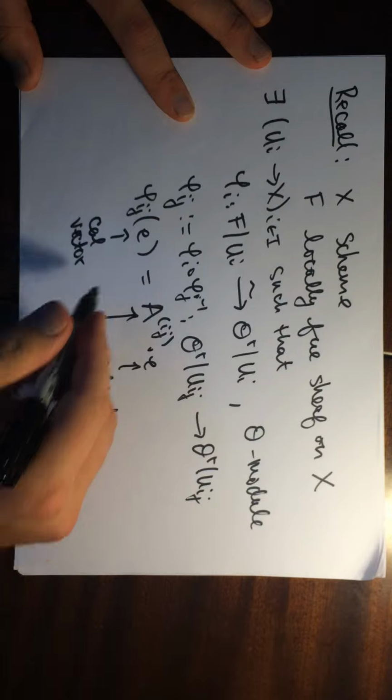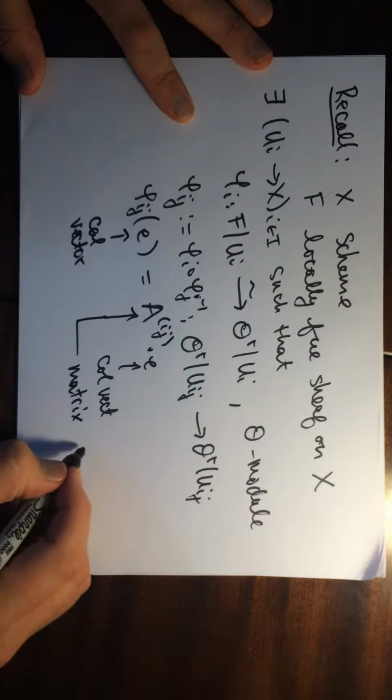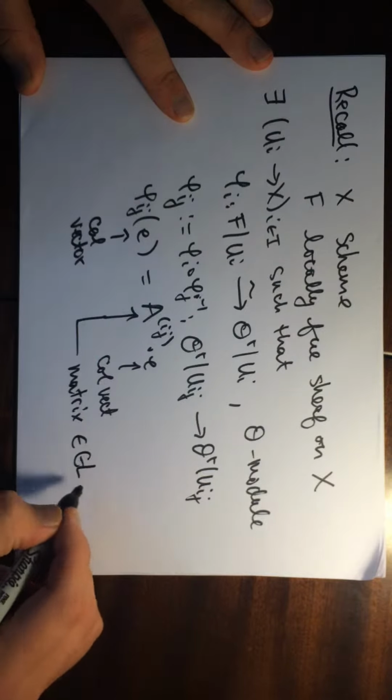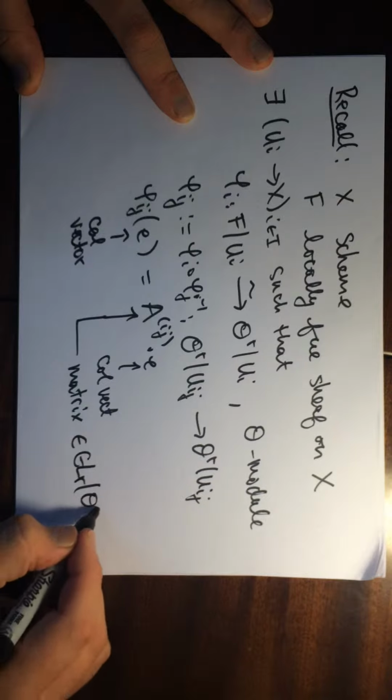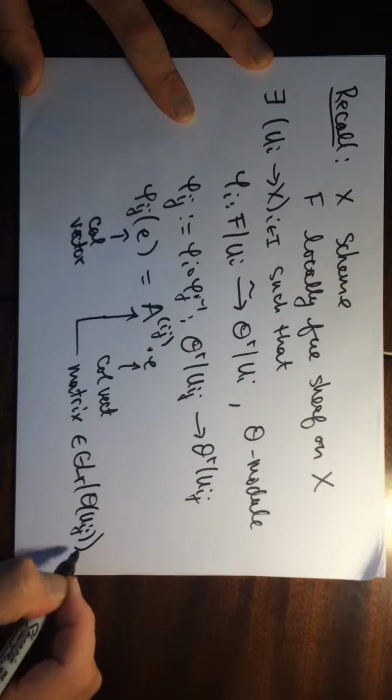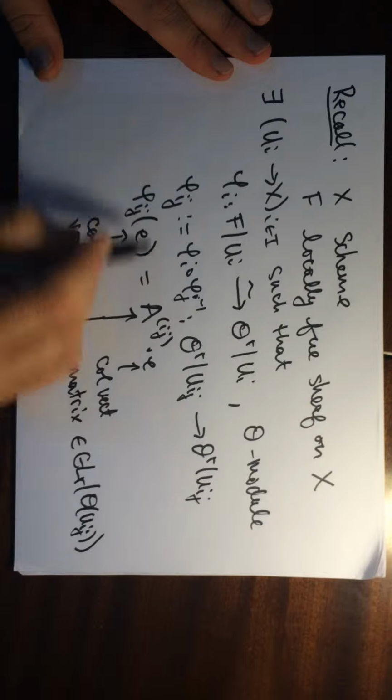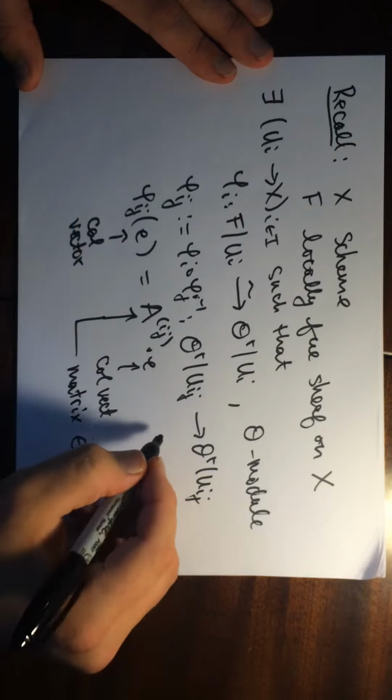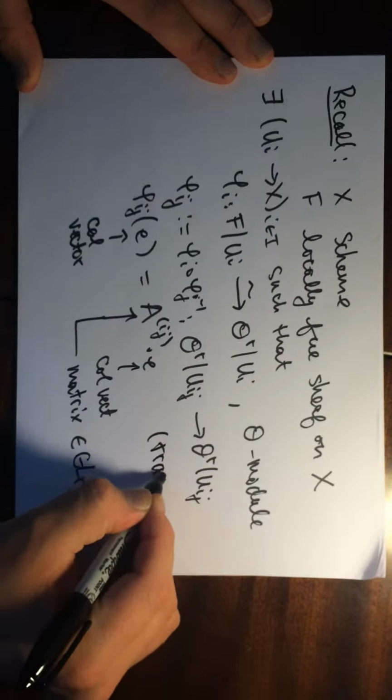So this is an element of GL_r of O of U_ij. This is what the transition maps look like, the so-called transition maps.